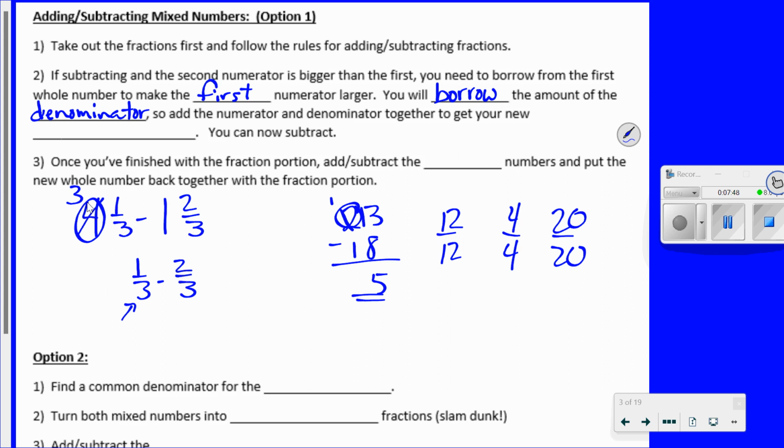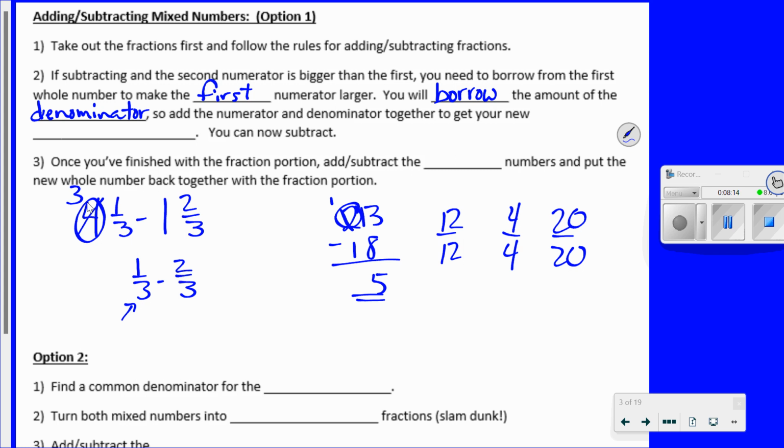Well, we just said, what's our rule for adding and subtracting fractions? Common denominator. So I'm going to look at my denominator. What's my denominator? So what am I going to make that 1 I just borrowed? 3/3. Correct? So really what I'm doing is I'm taking the 3/3 I borrowed from 1 and I'm adding the 1/3. So the easy way to do this, I just add the numerators together.